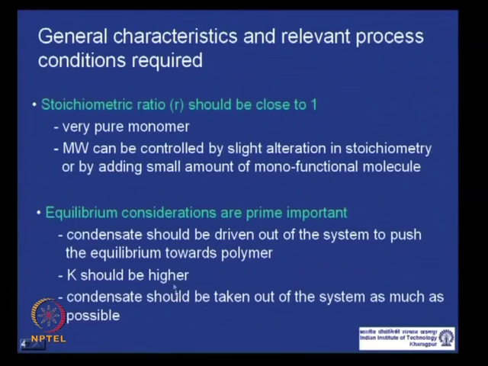You have to drive it out by applying low pressure, high vacuum, and high temperature, so that your reaction proceeds towards the product side, towards the polymer side. You have also seen that it is always preferred to have a higher K value, a higher equilibrium constant.